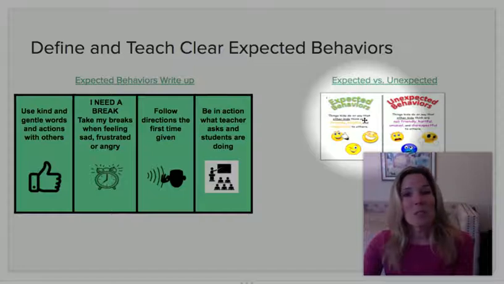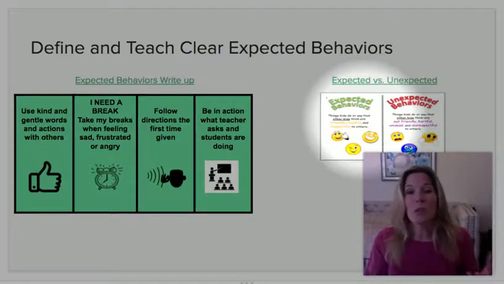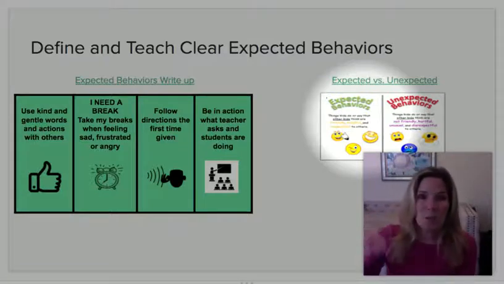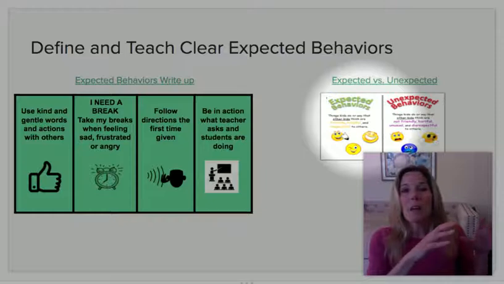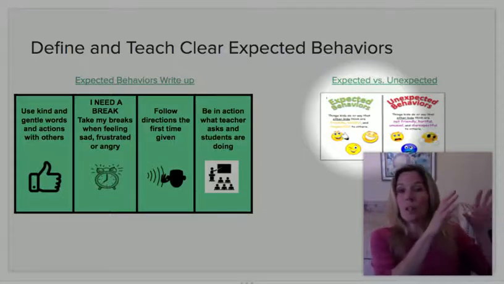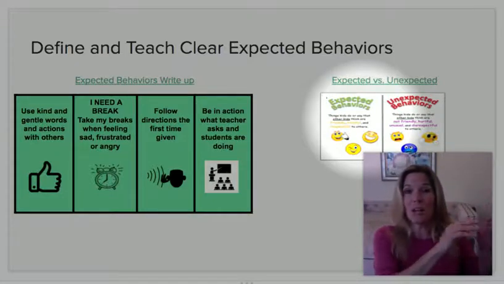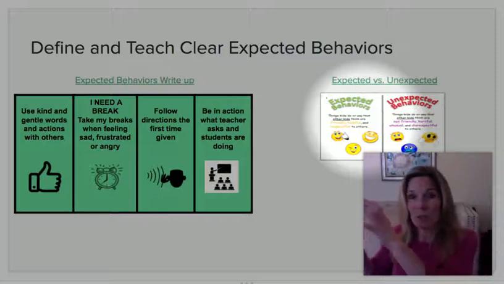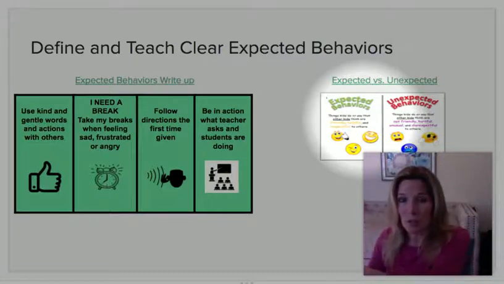Sometimes we do need to teach in a larger group setting, or in a smaller group setting, or even an individual setting, what are the expected behaviors for say, working over in this area of the classroom as opposed to what the expected behaviors are in this particular area of the classroom.